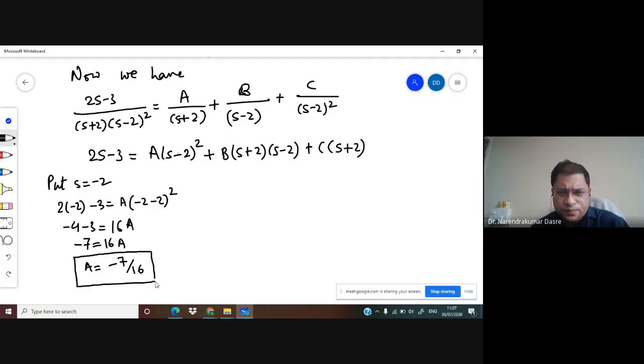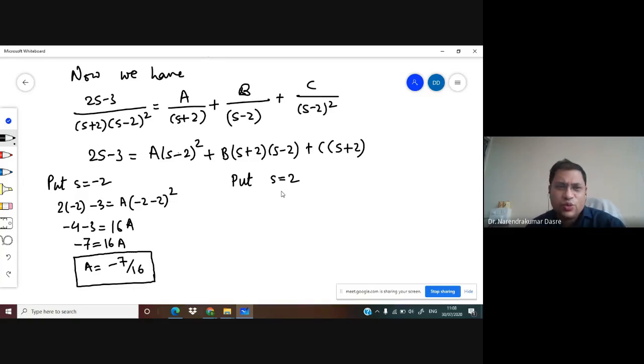Are you getting this term? I hope you are getting this term. Next, what I can do is put s is equal to 2. Then probably I am able to get the value of B or C. Let us see what happens.